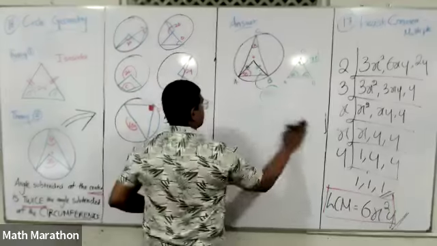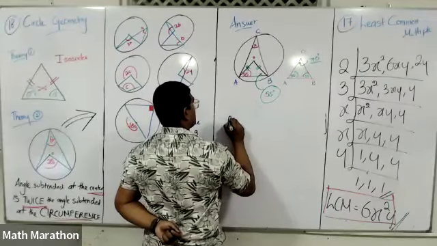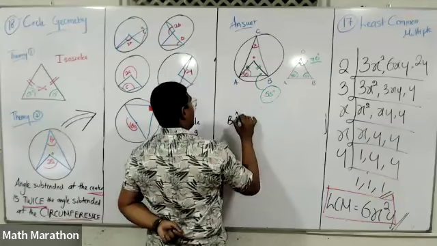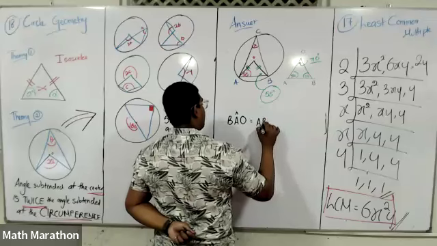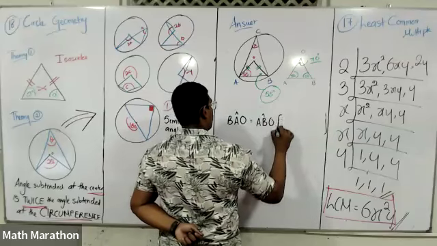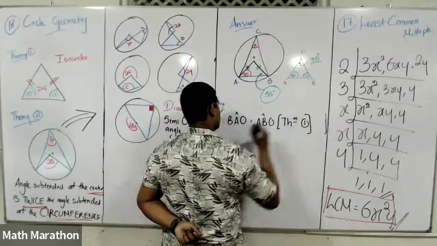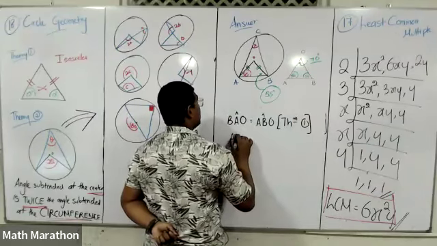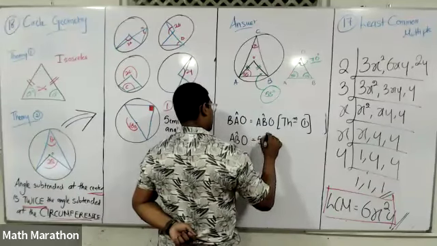So if I start writing: BAO equals ABO. Why? Theorem 1. So ABO equals 55 degrees.